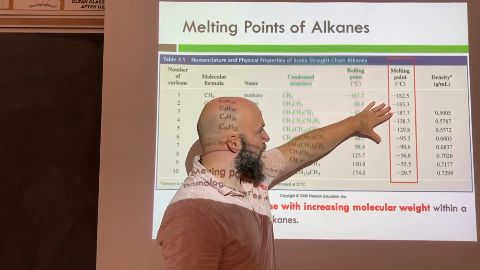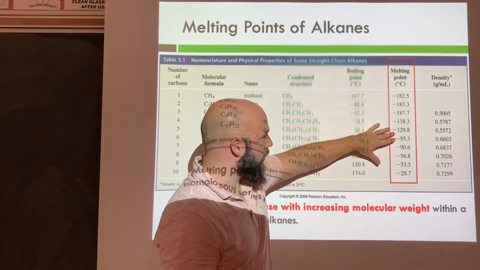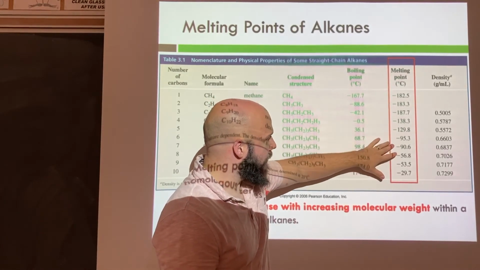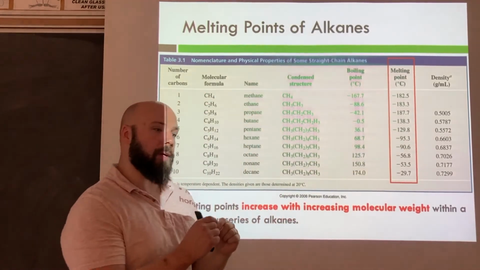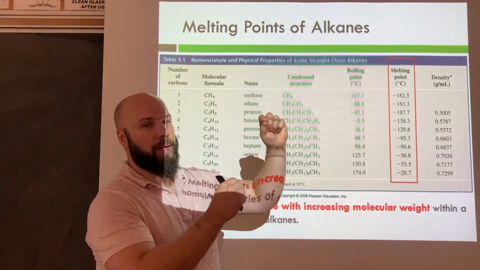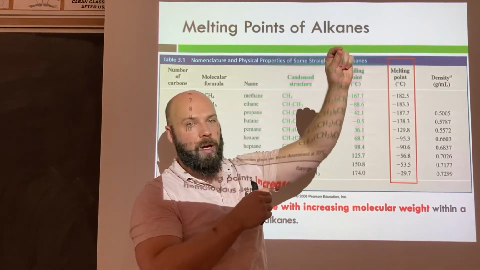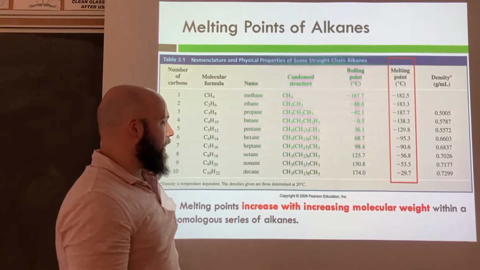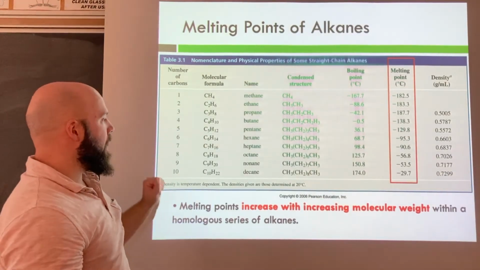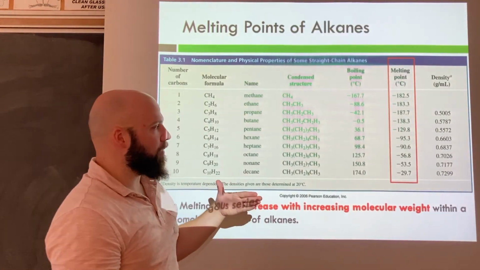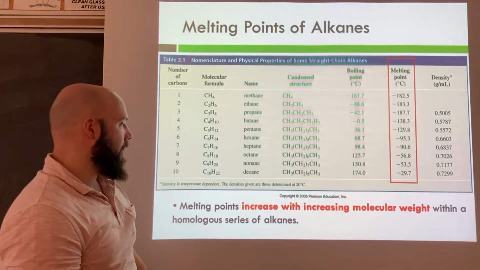Here it actually goes down, but then it's 87, 38, 29, 95, 90, 56, 53, 29. It kind of increases by a small amount and then a larger amount, then a small amount and then a larger amount. And that is because of the even and odd numbers of carbons in the chain.